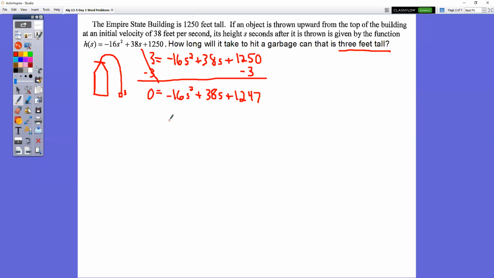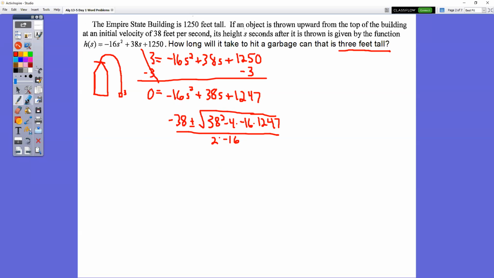So now we can do the quadratic formula. Negative b plus or minus the square root of b squared minus 4 times a times c, all over 2 times a, 2 times negative 16.